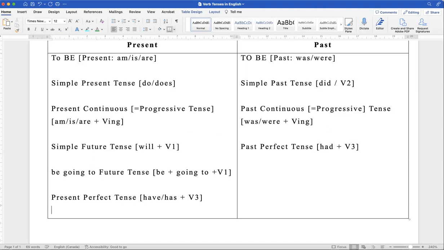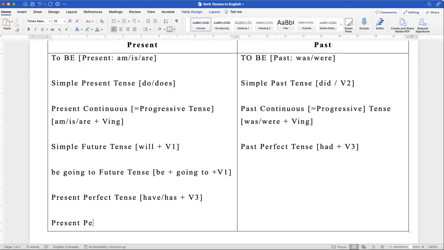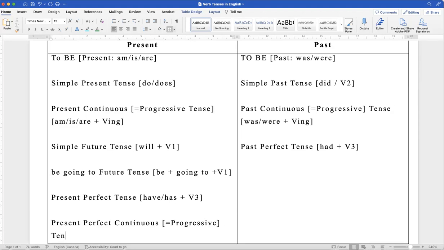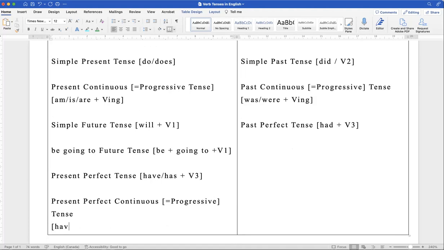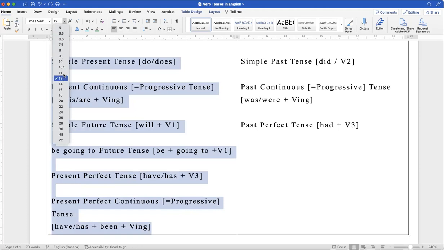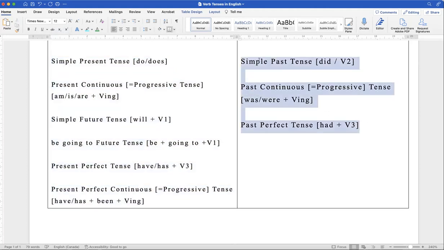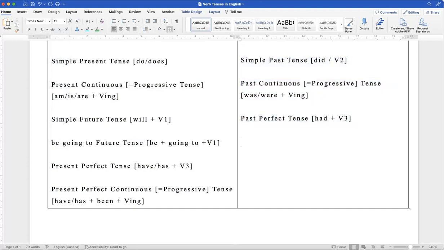Here we can also add present perfect continuous or progressive tense, and this is have, has, plus been, plus verb ing. Here we also have past perfect continuous or progressive.